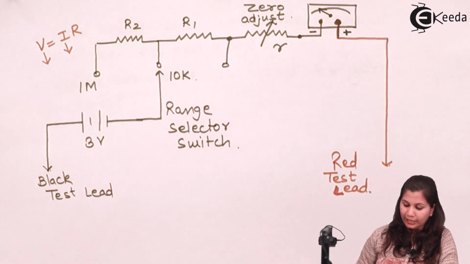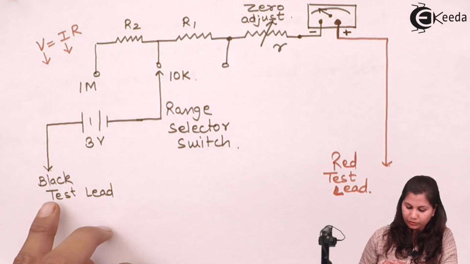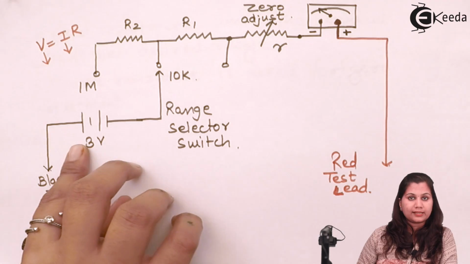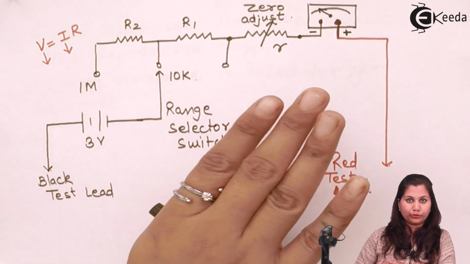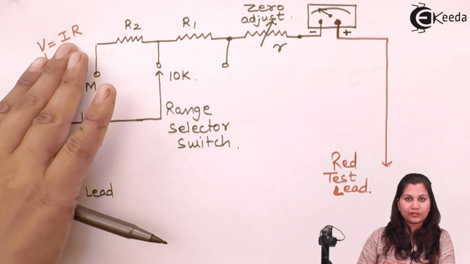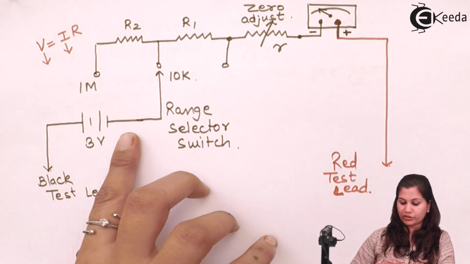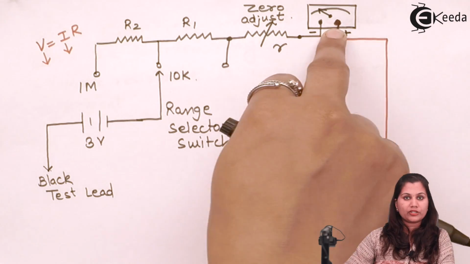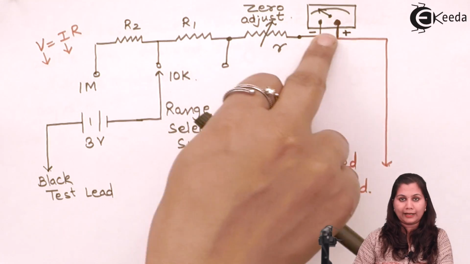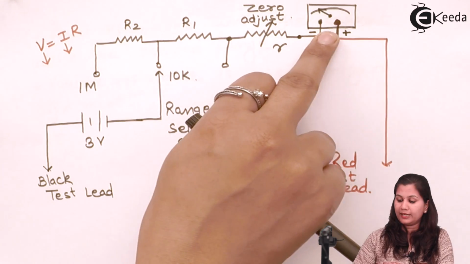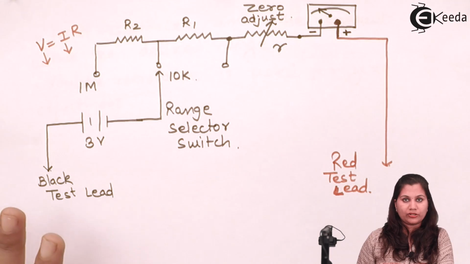How can we do that? First we are going to make this current constant through the circuit. When current is made constant, voltage is made constant, so the readings which the analog multimeter is showing us here will be the resistance readings.